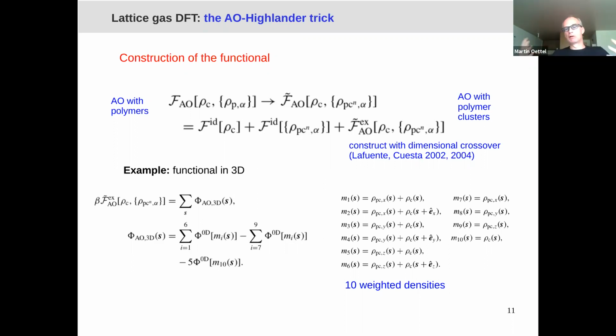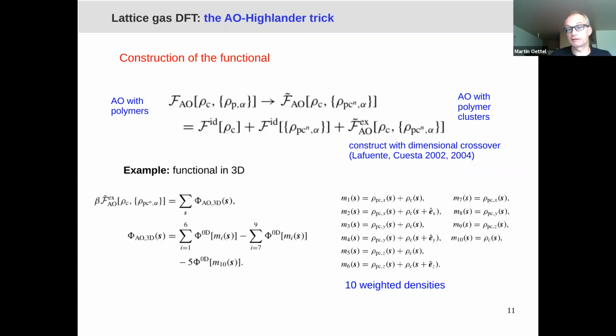So actually, this blow up is reduced again back to the original number of polymer species which you have in the model.